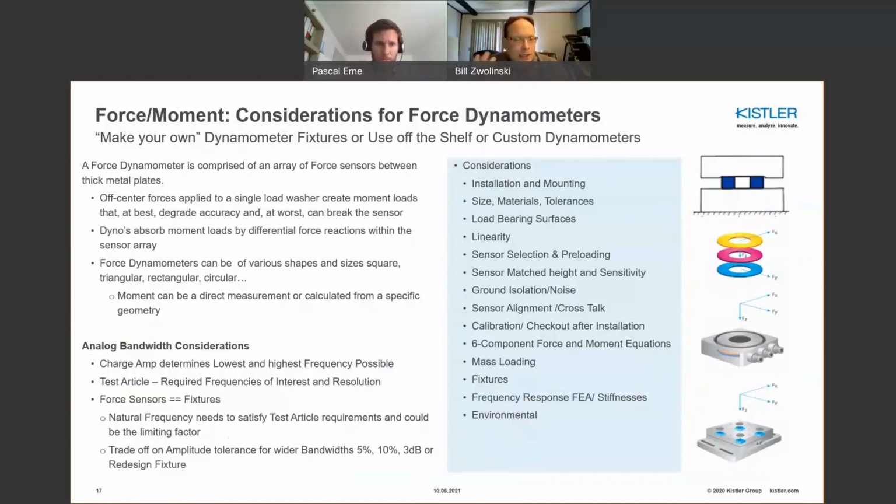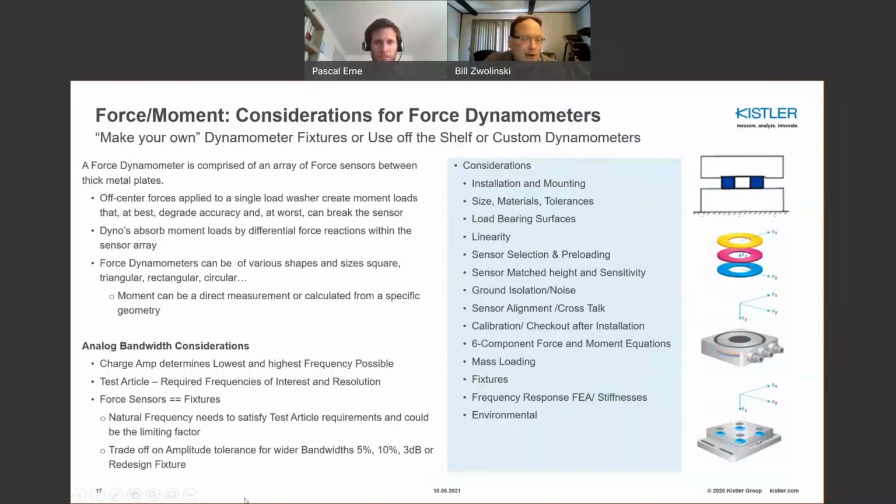So there's always a calculation and an FEA that has to be done when using force sensors in an application of this complexity, where you look at stiffnesses, the geometries of the sensors, the sensor parameters themselves, and calculate the modes of vibration for the platform itself, to gauge what your frequency requirements are.